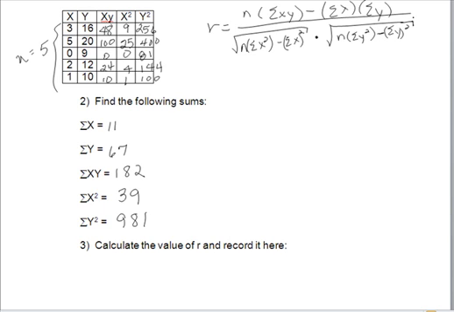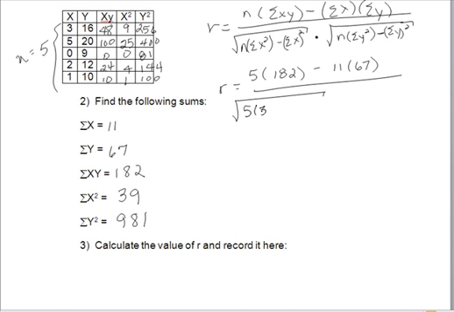Okay, so R is 5 times 182 minus 11 times 67 over the square root of 5 times 39 minus 11 squared times sum of the y squares, which is 981, times the 5 minus 67 squared. Okay, I'm going to simplify the numerator.